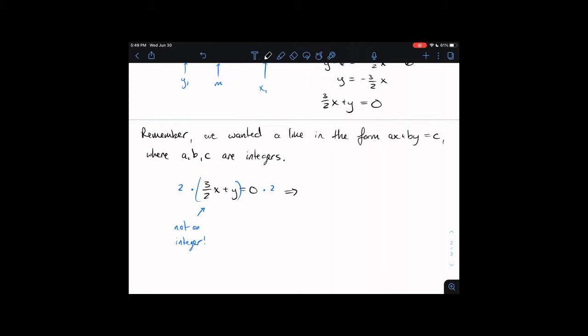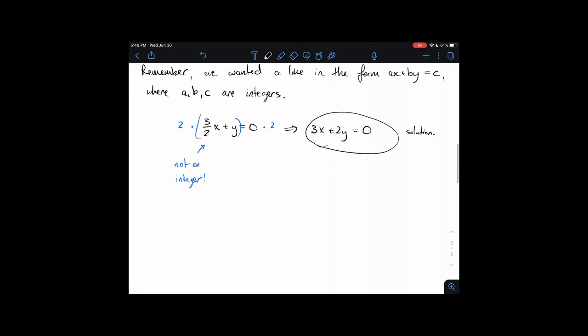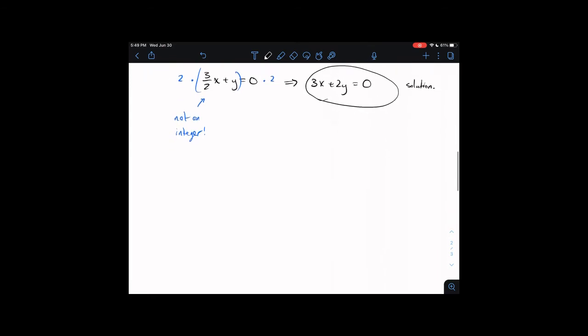And I'm left with 3x plus 2y equals 0. And that's your solution. Okay, so we're going to do a couple other problems from this section. It's pretty much the same concept. All it is is manipulating point-slope form and slope-intercept form.